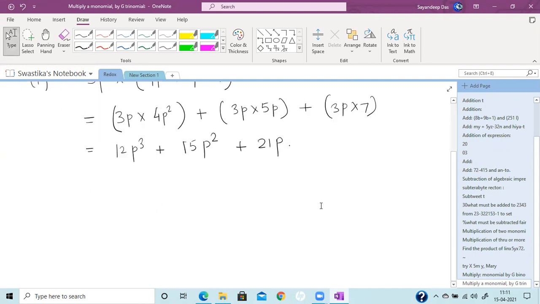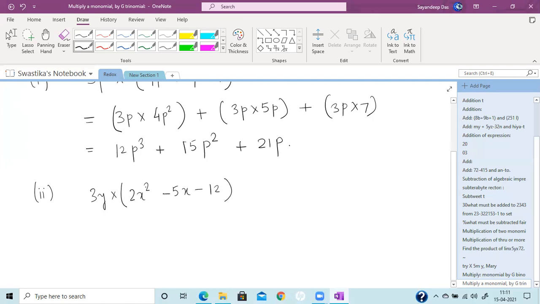Now we'll take another problem, where there are negative signs. Let us see this monomial, suppose it is 3y, and you will have to multiply this with this trinomial, 2x square minus 5x minus 12.